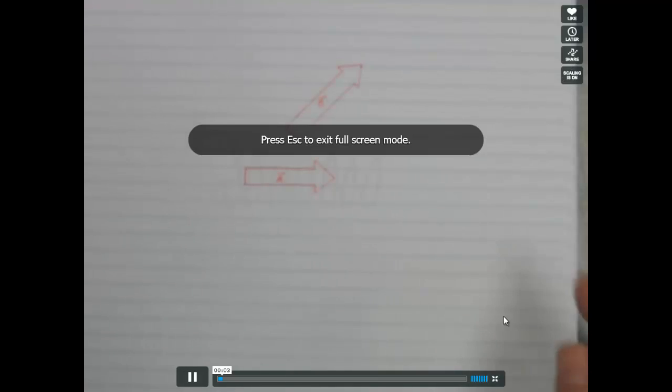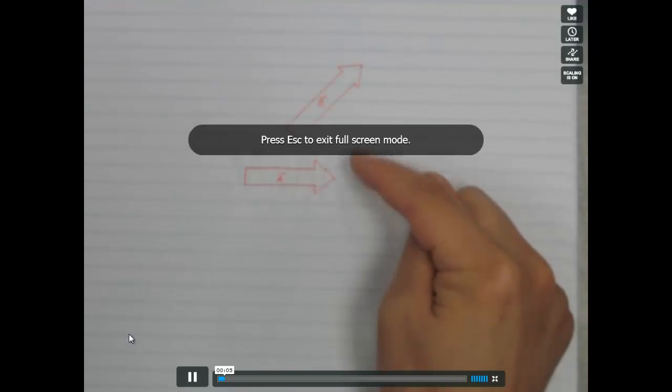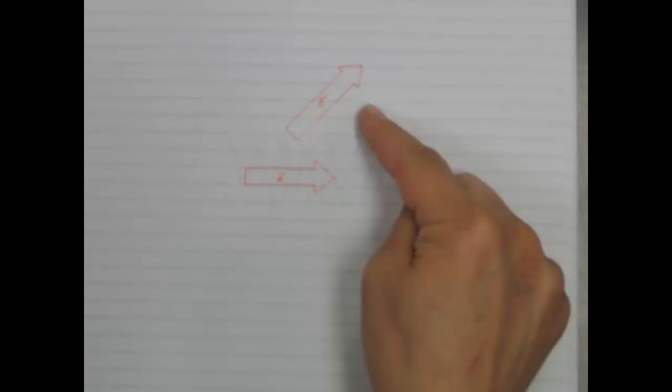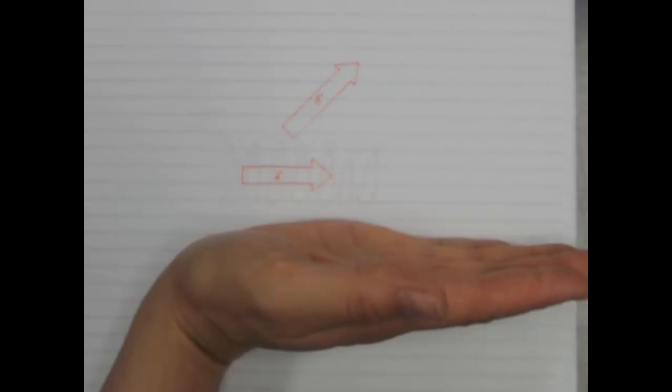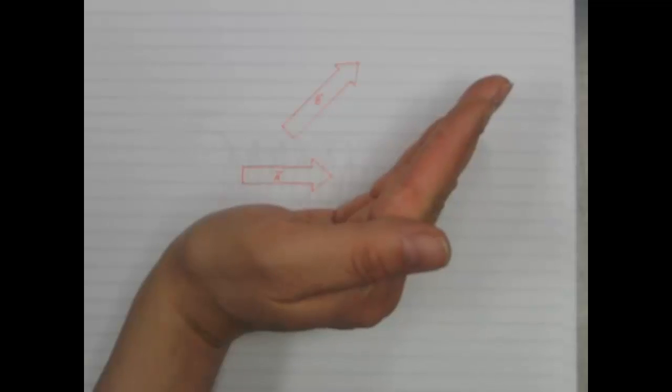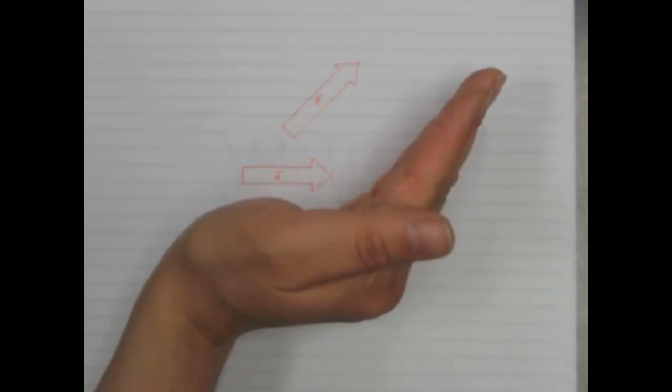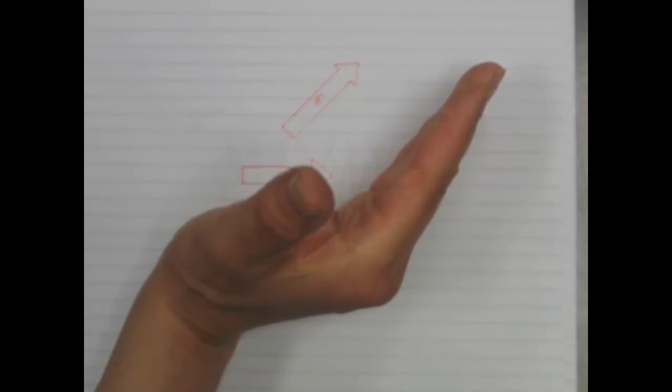Okay, so here you can see I have vector A and I have vector B. So if I want to figure out the direction of the cross product, A cross B, first I'm going to put my fingers in the direction of A, and then I'm going to curl them in the direction of B. And notice that when I do that, I can only do that with my right hand, of course, with my thumb pointing straight up.